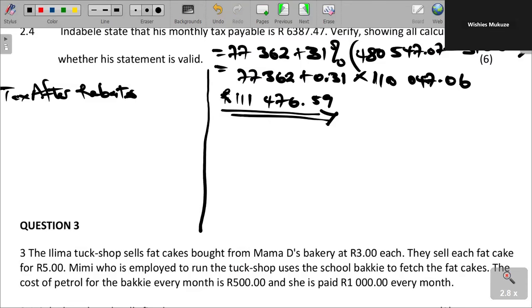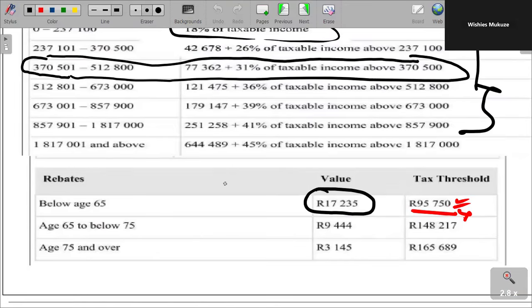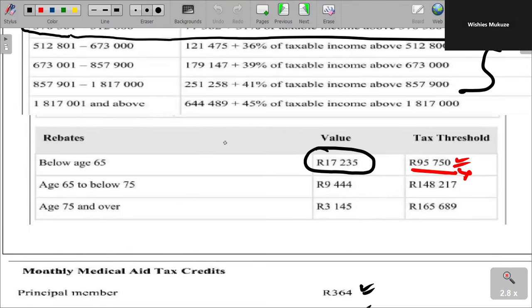Tax after rebates. We are going to calculate tax after rebates. We are going to have 111,000. Tax after rebates is going to say minus that amount, which is below 65.